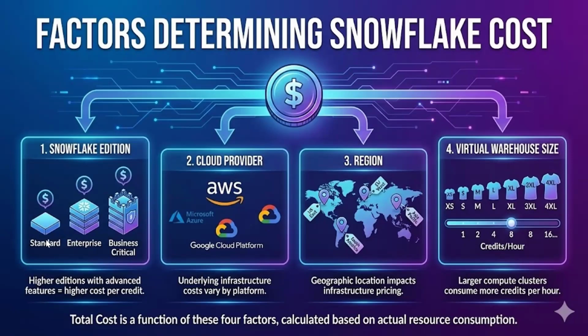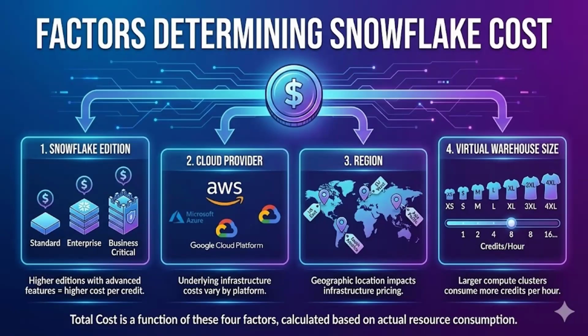If it's standard edition, the cost may be $1. If enterprise edition, the credit cost may be $2. For business critical, it can be $3, for example. So according to the Snowflake edition selection, your cost will change. And then cloud provider. For example, I selected AWS cloud.